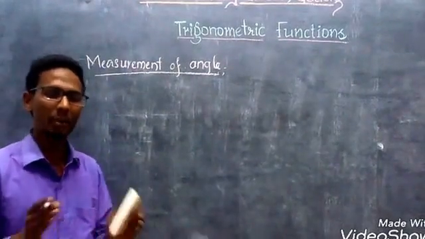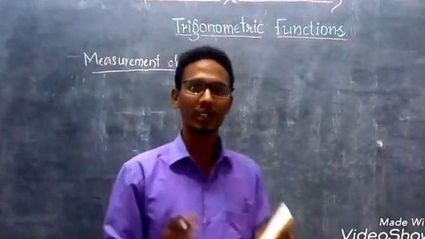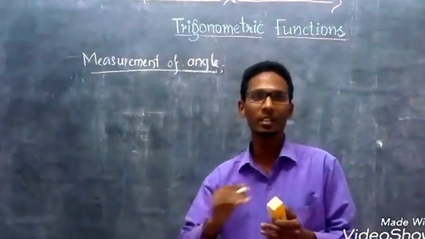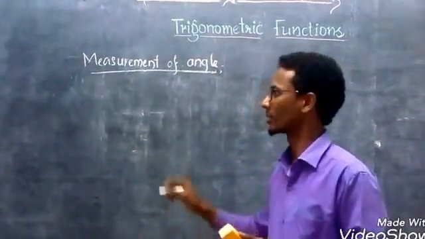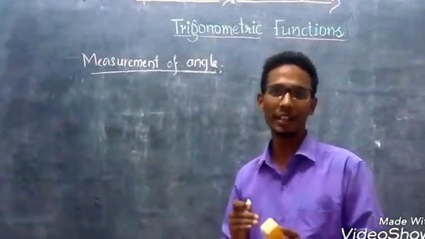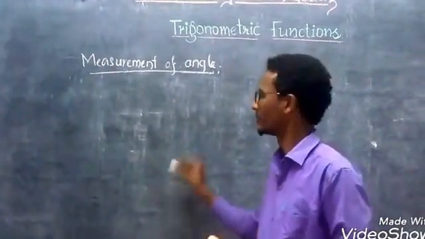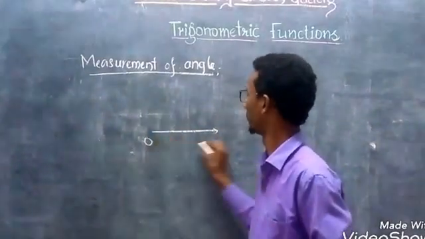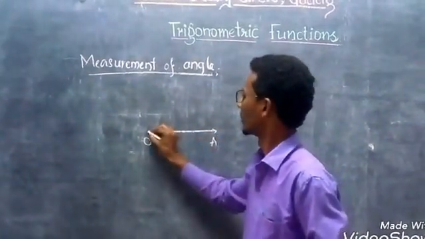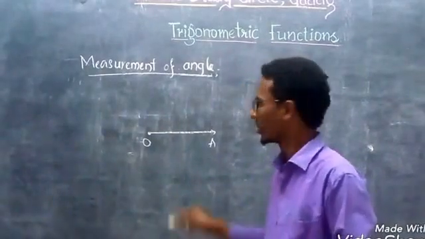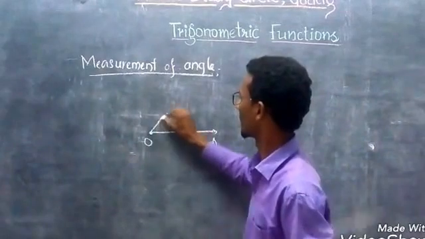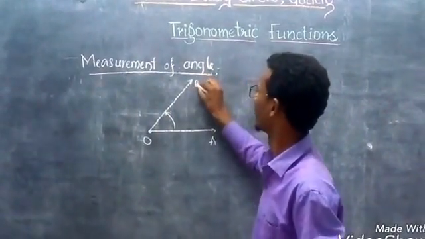An angle is a measure of rotation of a line about its own axis from its original or initial line. Let's take a line OA. Its vertex is O. If it starts rotating like this, we take this as OB.